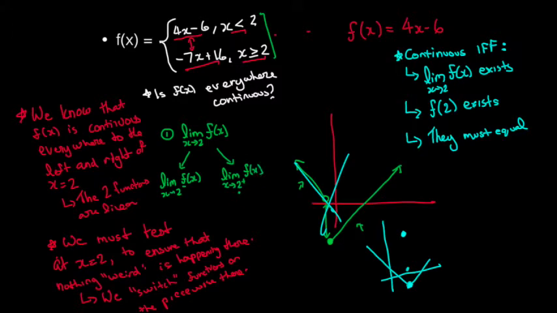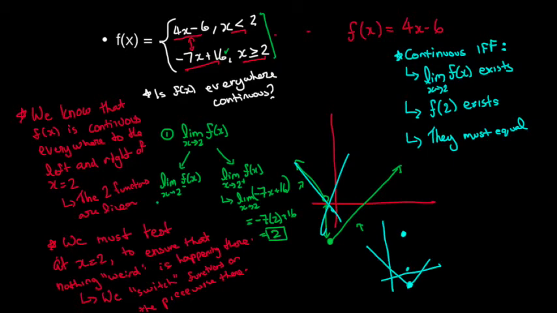Okay, so let's do the right first. So if it's to the right, which of these functions would we use? Well, we use this one because x is greater than 2, which means it's going to be to the right of 2. Okay, so that would be the same thing as the limit as x approaches 2 of negative 7x plus 16, which would be the same thing as negative 7 times 2 plus 16 equals 2.